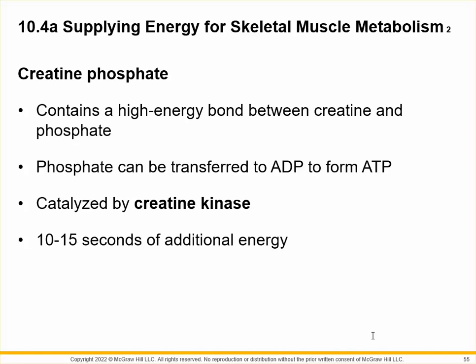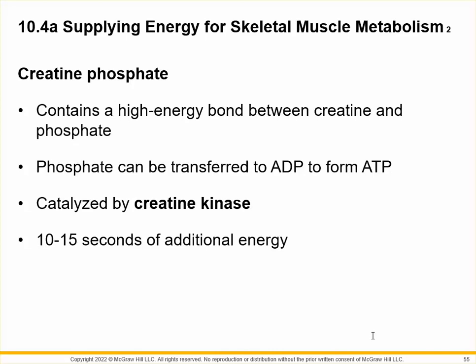It's a high energy bond. As soon as there's ADP available, the P will leave the CP and turn the ADP into ATP. The phosphate would rather be in ATP than in CP, in creatine phosphate, right?